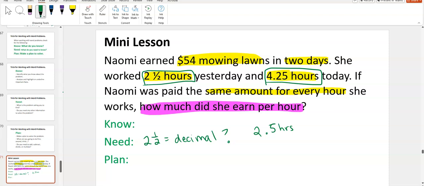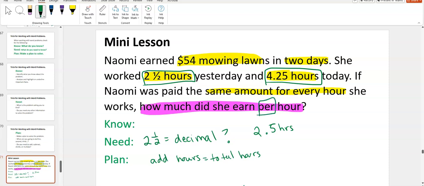So my plan will be to add the hours together so I can get a total. That's what I'm going to do first. And then I need to figure out, if I earn $54 in 2 days and I did that with so many hours, if I'm going to figure out how much per hour, I'm going to have to divide.